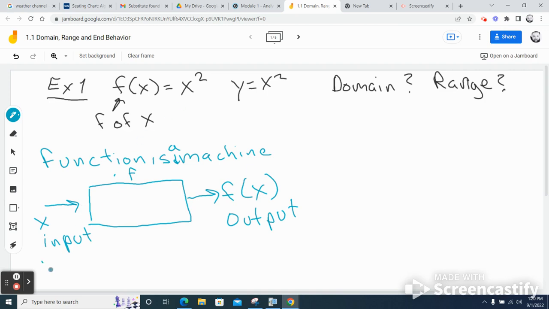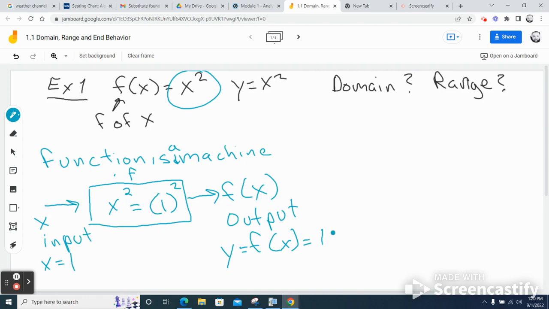So, for example, if I say x equals 1, I'm going to plug that into the machine. My function is x squared. So when I plug in a 1, I'm going to say 1 squared. So then my output, y, which is the same as f of x, is equal to 1.